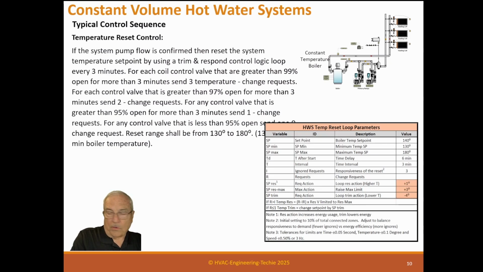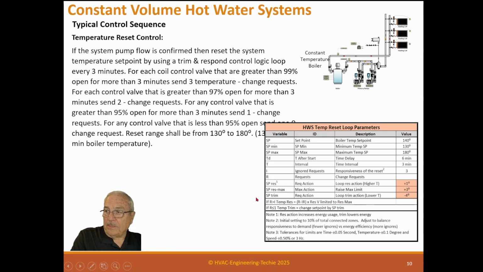So you're going to ignore 3. So now you come up with 5. So then what you do is you take 5 times 1, right? Because right now we have res is positive 1. So then you would raise it. You have 5, so it'd be 5 degrees. But you've set a maximum raise per 3-minute interval of 3. So even though you have 5 or 8 or 10 or 20, it's going to do 3 degrees maximum.